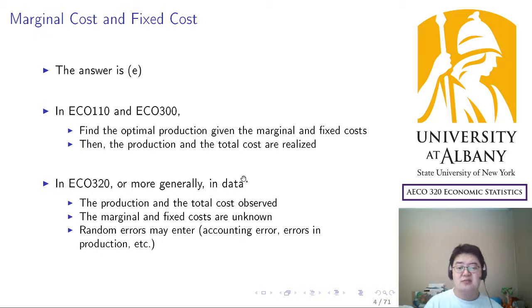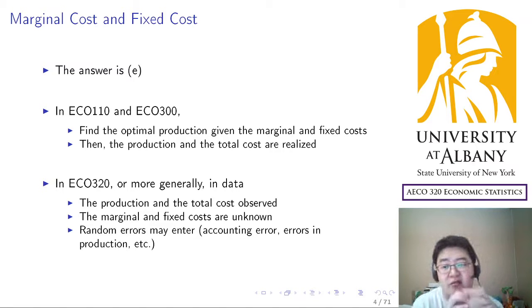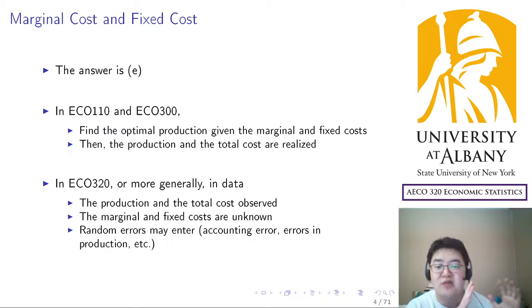So in this sense, this is why economic statistics, this course 320, is a required course, a core course for econ majors. Not only are microeconomics and macroeconomics important. Of course, they are important. They contain the main idea, main theory of economics, but without data analysis, the theory is of no use.